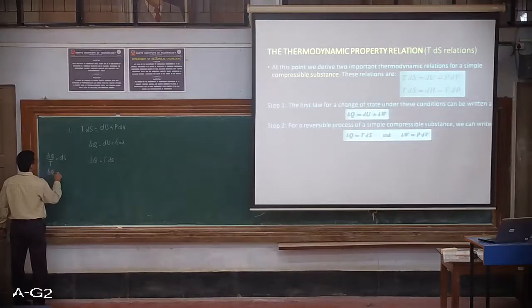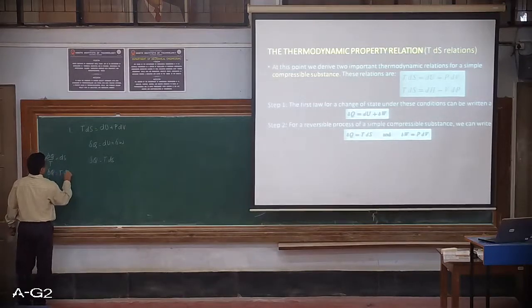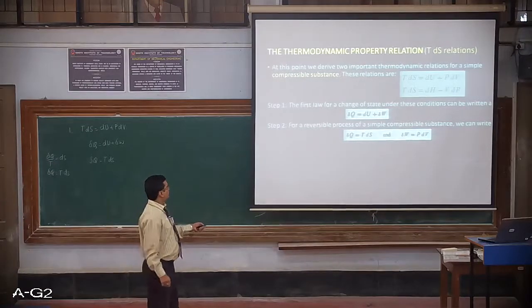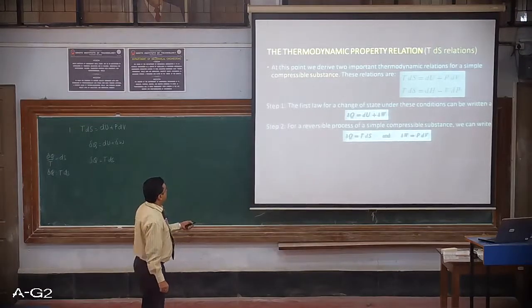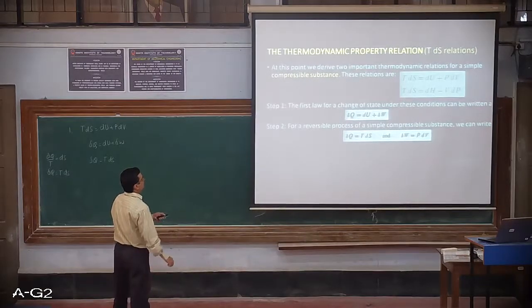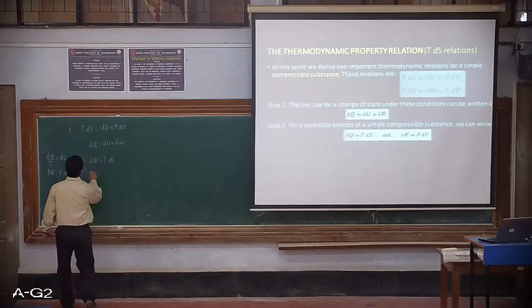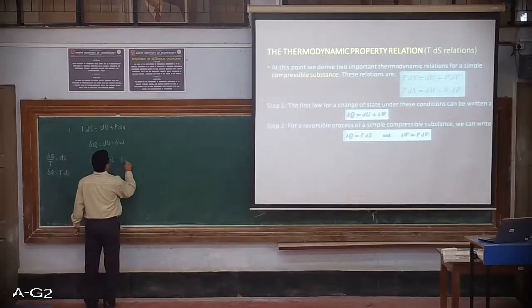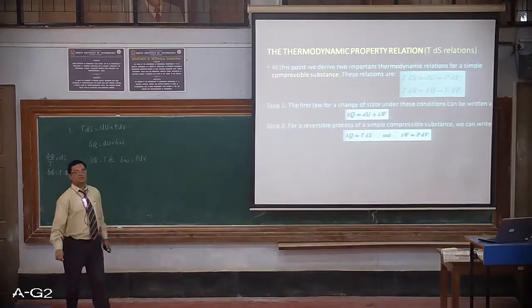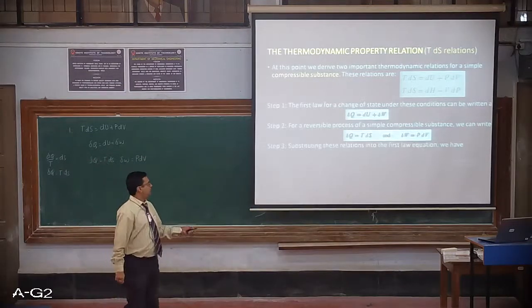So delta Q is equal to TdS. Simple. And for a simple compressible substance, the work equation delta W, we know that delta W is calculated as PdV, displacement work. So from that equation we can write that.